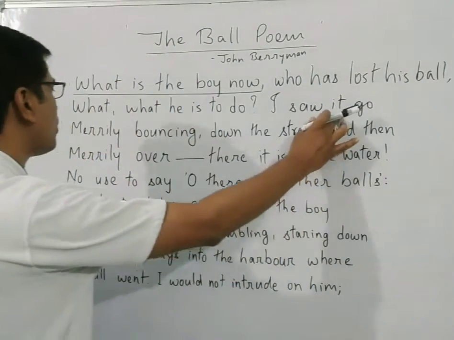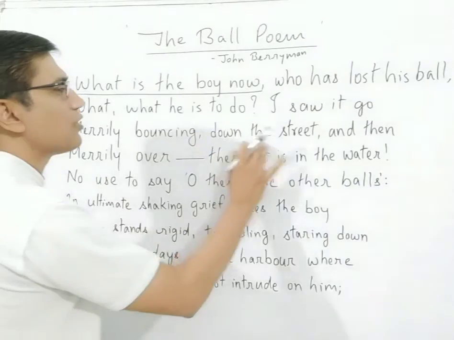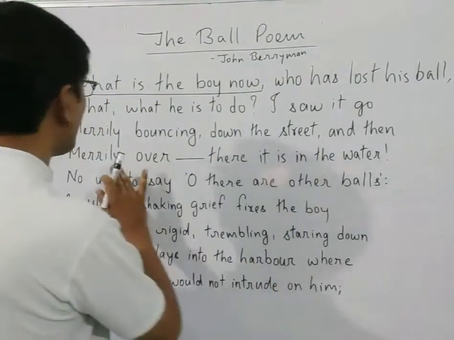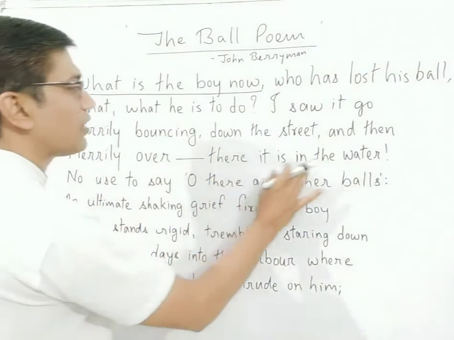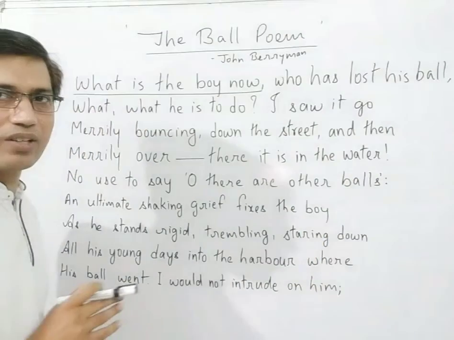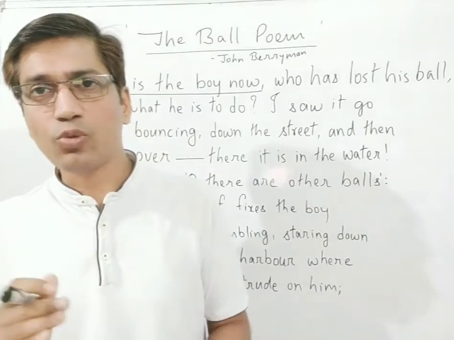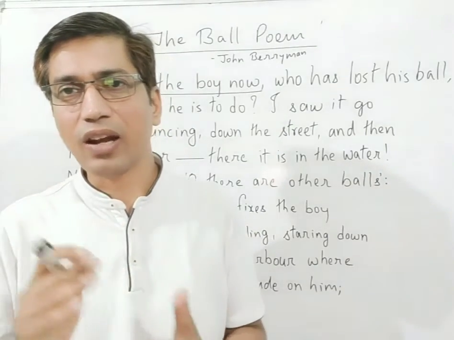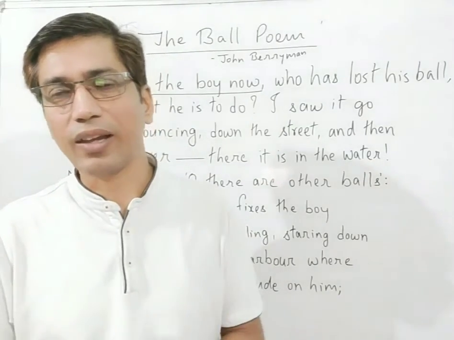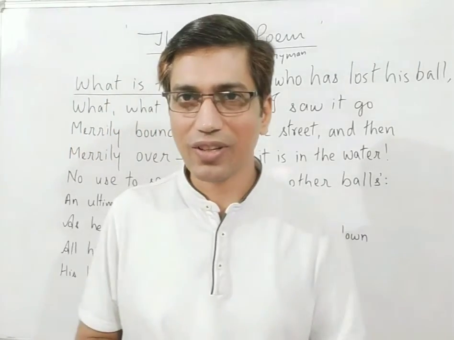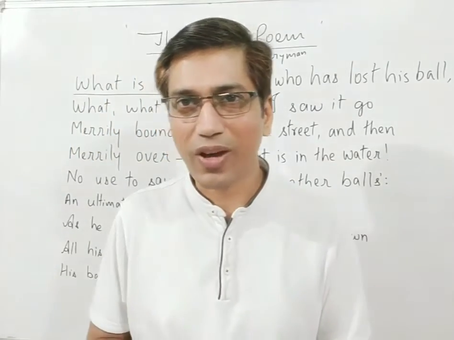"I saw it go, merrily bouncing down the street, and then merrily over, there it is in the water." Now there is a figure of speech called enjambment, where one line runs into the next without any punctuation mark at the end. That is a kind of poetic device.